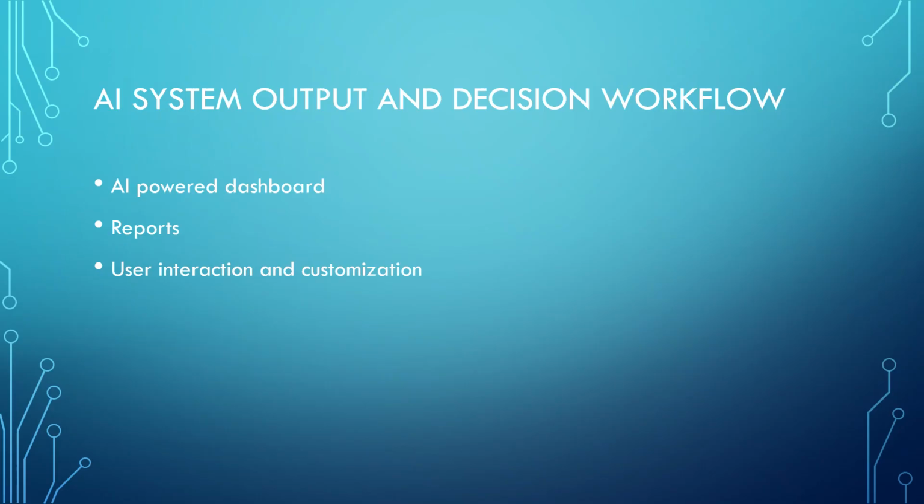Next, we have to think about certain design aspects when we are designing an AI system's output and decisions. So first thing is we need to provide a dashboard where the customer can interact with different things, and we have to decide on the things the user would most probably like to see when they log into the system in terms of dashboard recommendations, data, and all that.